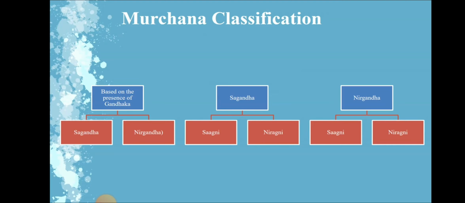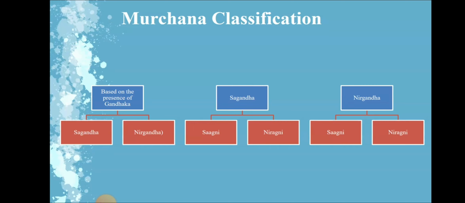In Sagandha Sagni preparations, the examples are Sindura, Siddha Makaradhvaja, etc. In Sagandha Niragni, Kajjali is an example. In Nirgandha Sagni, examples are Rasa Pushpa and Rasa Karpura.